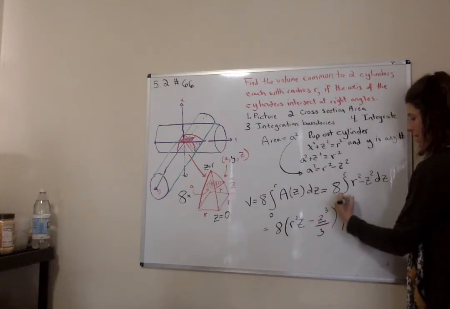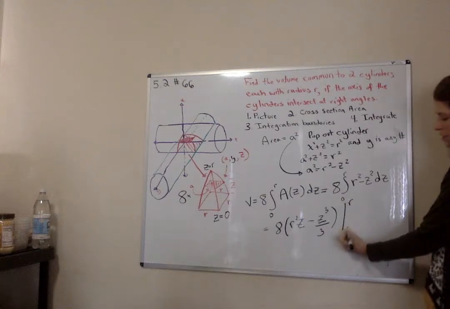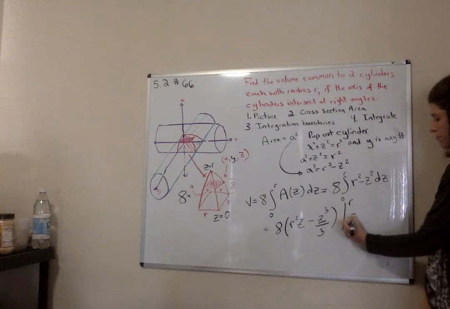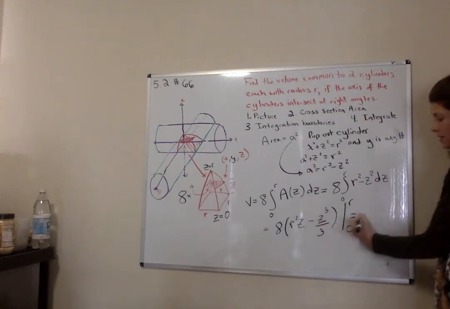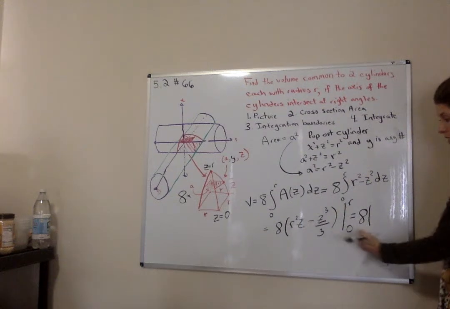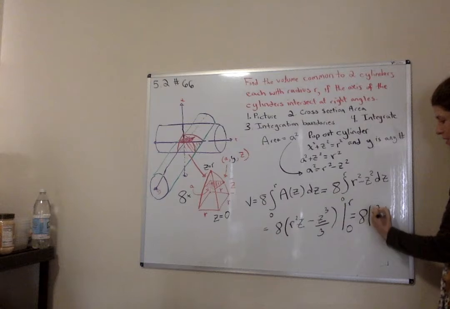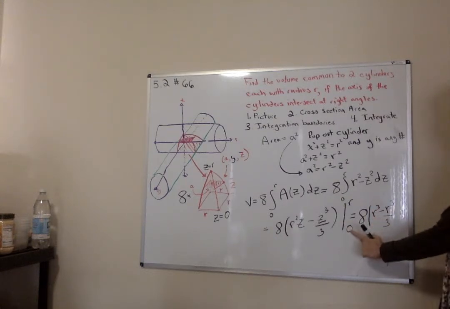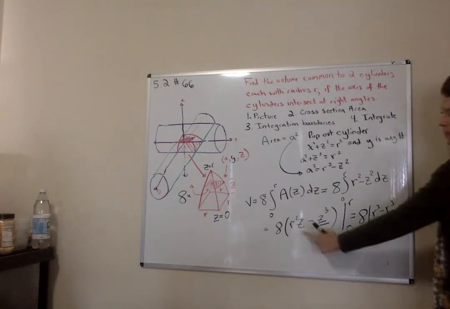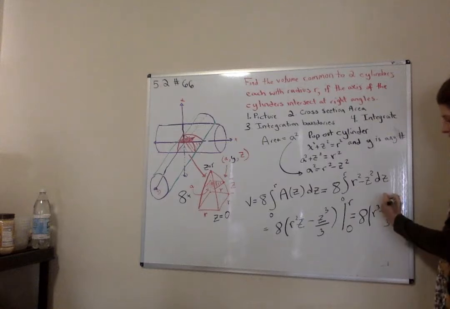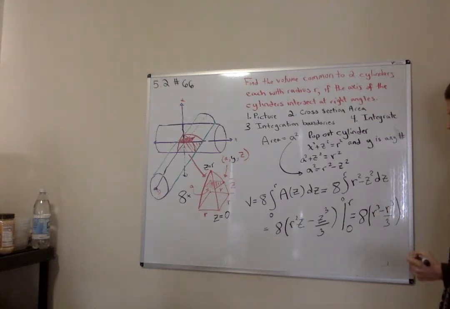Now, I'm evaluating this at z equals r and z equals 0, and then subtracting. Plugging in r for z gives me 8 times r squared times r, minus r cubed over 3. If I plug a 0 in for z, I get 0 both times, so that evaluates to 0.